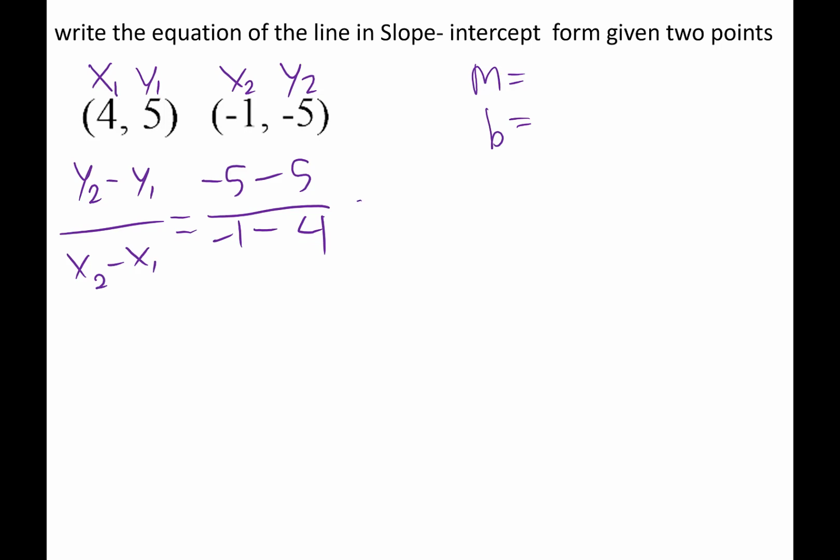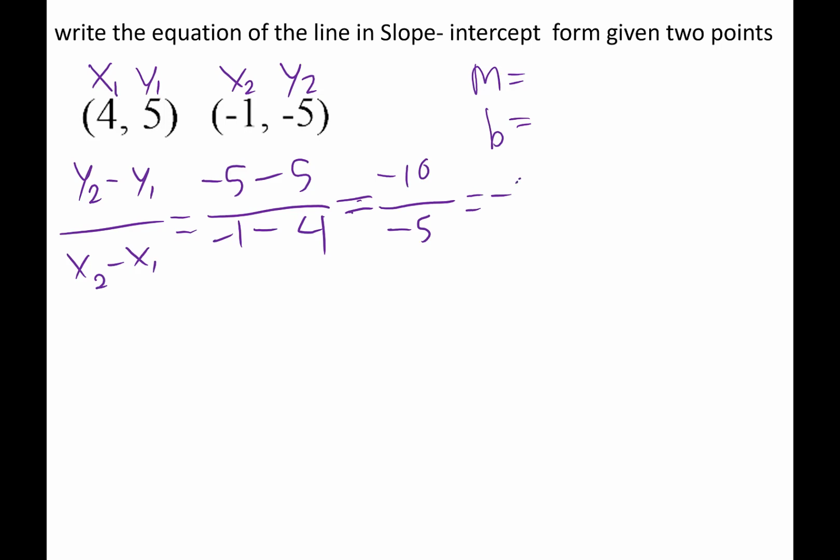Negative 5 minus 5 gives me a negative 10, over negative 1 minus 4 gives me a negative 5. Negative 10 over negative 5 gives me a slope of negative 2.